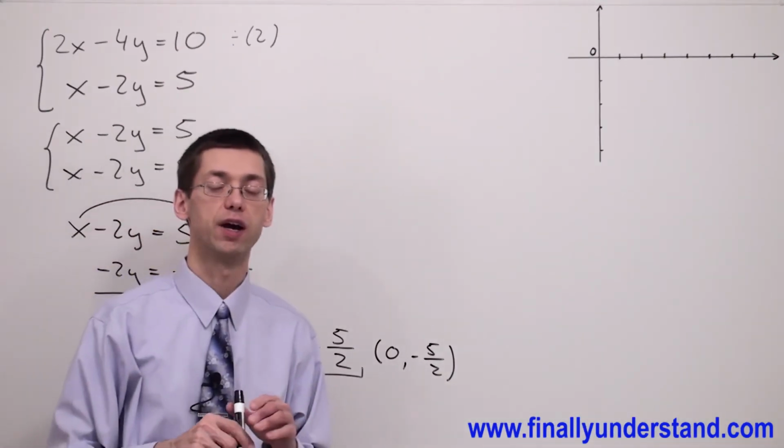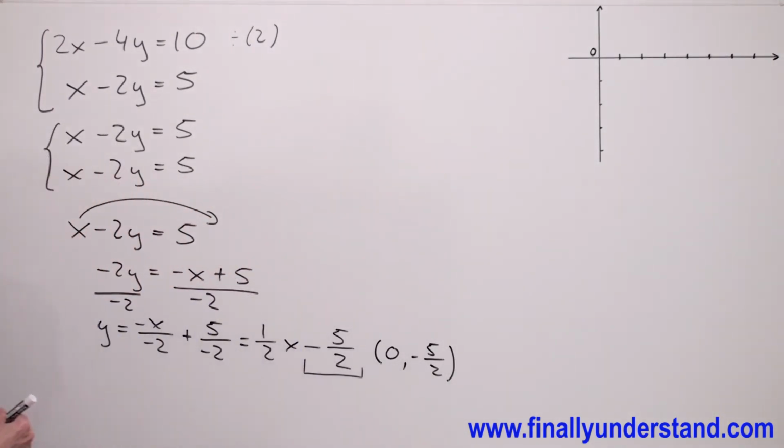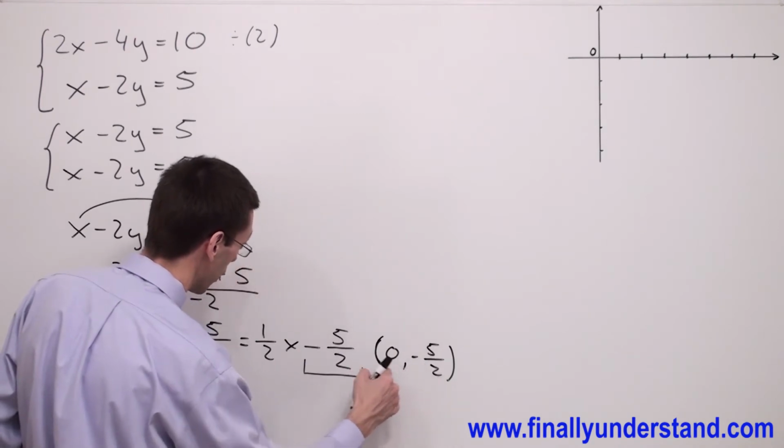Next, I'm supposed to find the second point. My second point is going to be the x-coordinate. In order to find the x-coordinate, I'm supposed to simply substitute y by 0 and solve this equation for x. Just keep in mind that this is simply the y-coordinate.